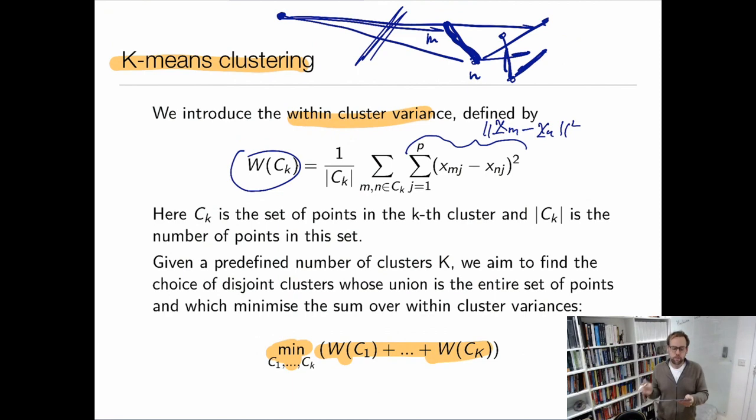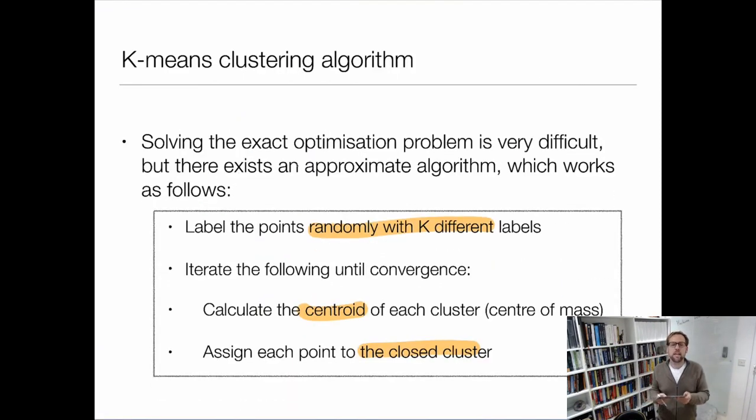So while we're not really guaranteeing the minimum, we can at least guarantee that each step of this iteration necessarily decreases the within cluster variation.